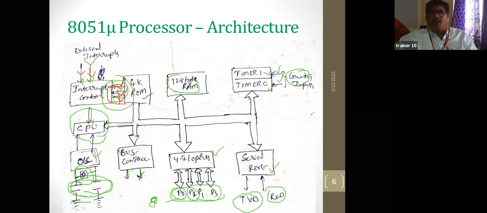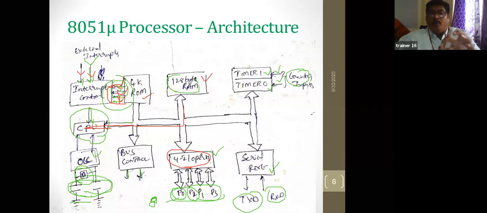So now the microprocessor is updated. There is a RAM, in other words we can use it to give fastness to the system, to the processor, that means to the CPU. Then this is the bus control. In the bus control, 2 outputs are there, and there are 4 input and output ports, that means P0, P1, P2, P3.